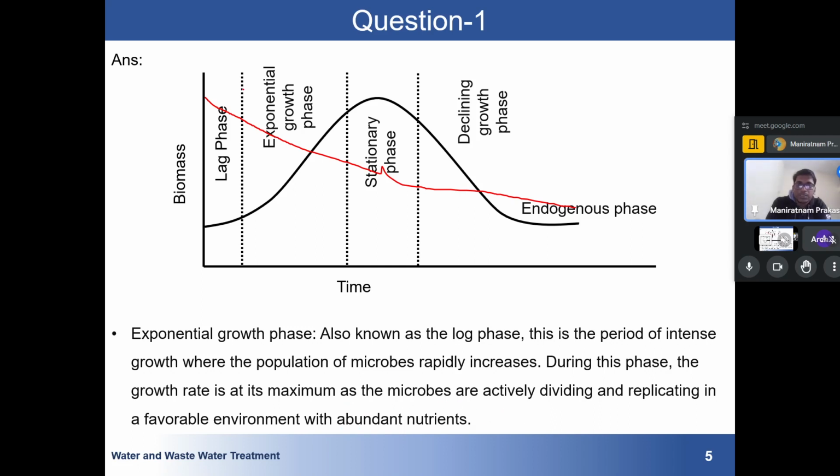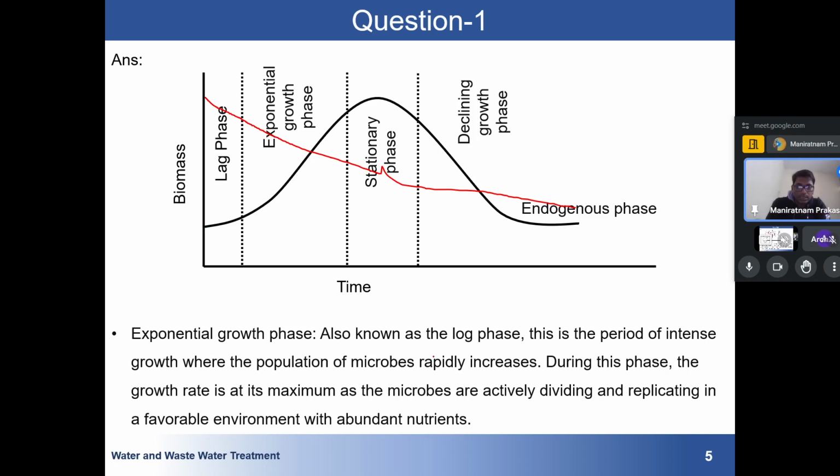Abundant nutrition means abundant food. This means obviously that this organic matter is rich in nitrogen and phosphorus, which act as a source of nutrition. So as a large amount of food is available, there is intense growth.